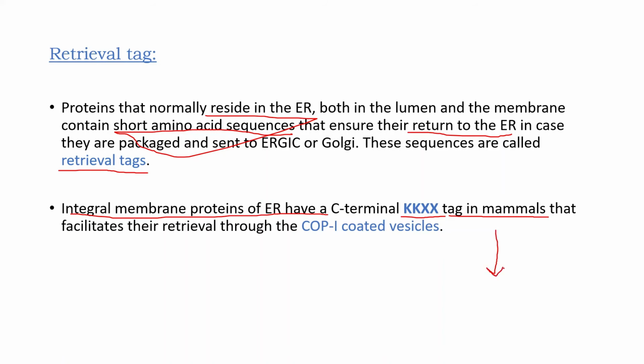Remember, we studied retrograde transport a few slides back. The vesicles that are transported from the trans-Golgi network towards the ER, or from the cis-Golgi network towards the ER, basically from Golgi to ER, are coated with a coat protein called COP1. So these COP1 coated vesicles bring back these ER specific proteins to the ER.